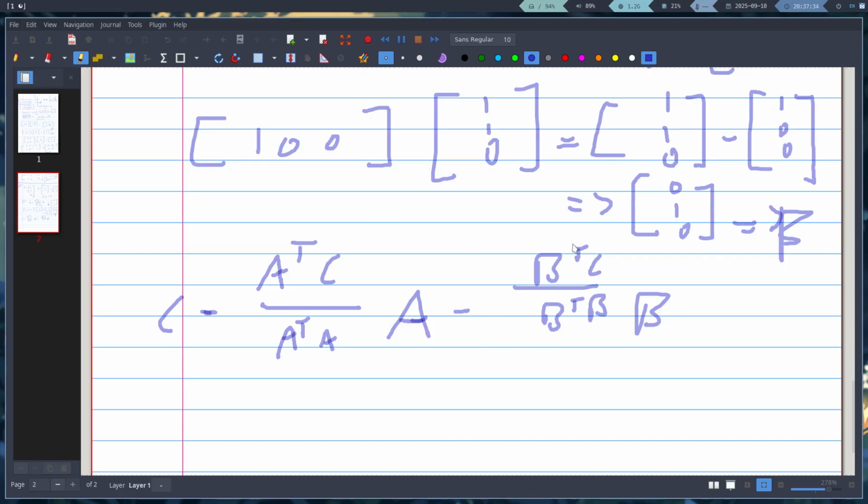Algebraically it made sense, but this is the scaling factor x. So x times A is the projection in the A direction, and this is the projection onto this subspace. You have a basis for the column space here, A and B, and you're taking away the portion that's going down onto this basis and the portion that's going down this basis as well.